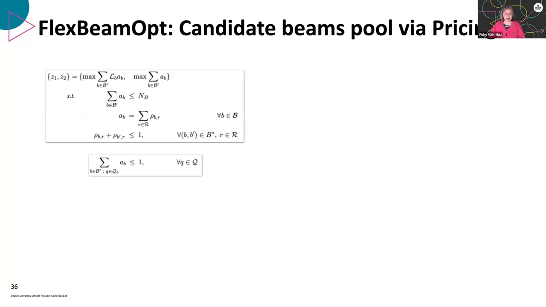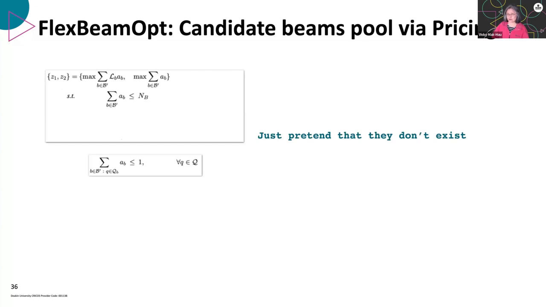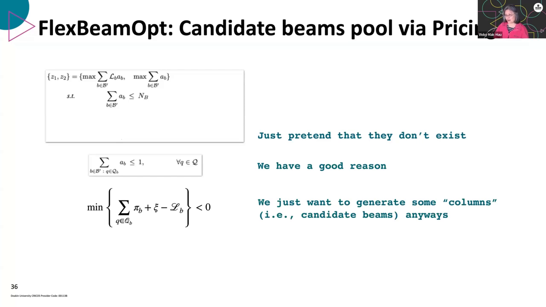So just like how some challenging issues in the world are being solved, we pretend that the problem does not exist. So we just remove the constraints and just pretend that we have a problem without the coloring. So we are only just solving the linear programming relaxation of the problem anyways. And the whole point is just to generate some columns.